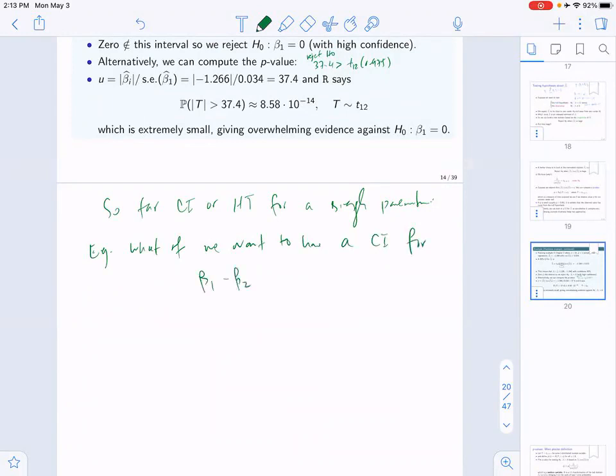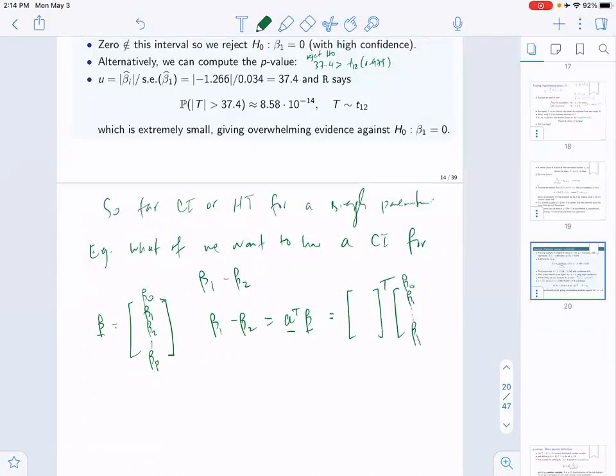Beta here is beta 0, beta 1, beta 2, up to beta p. I can write beta 1 minus beta 2 as A transpose beta for some vector A, right? So what would that vector be? It would be 0, 1, -1, and then the rest would be 0. Great.